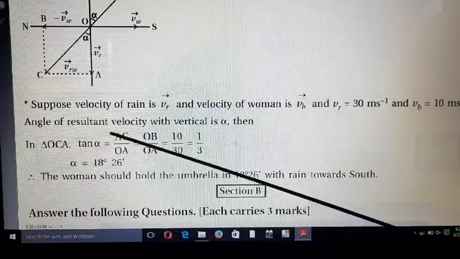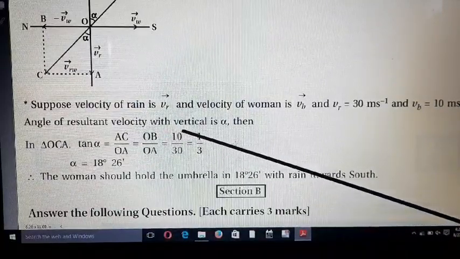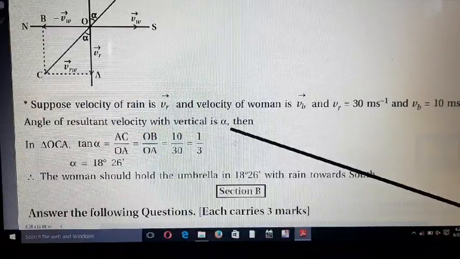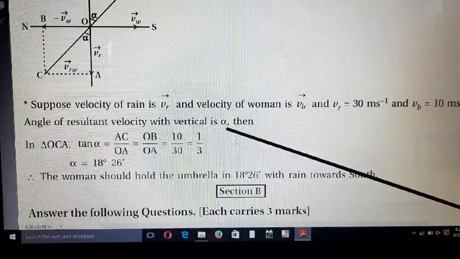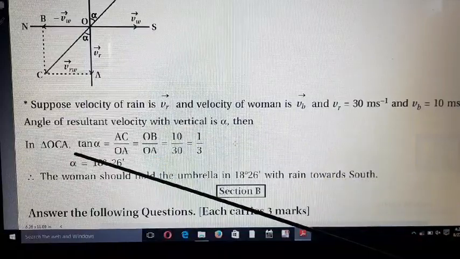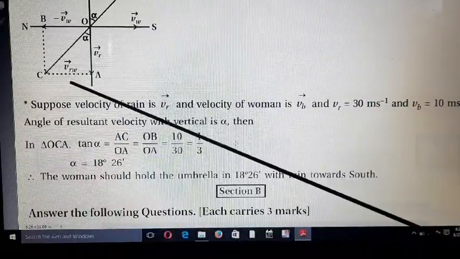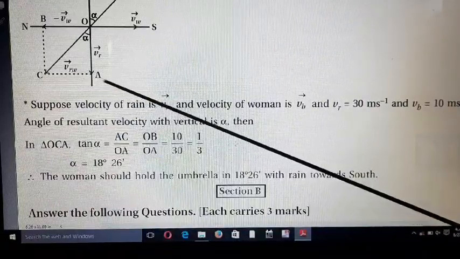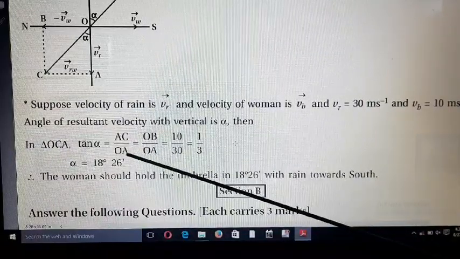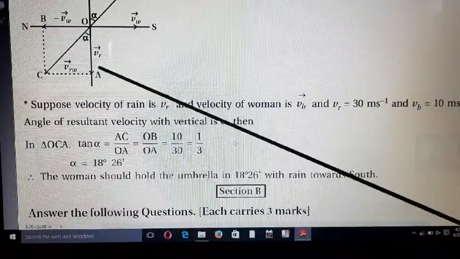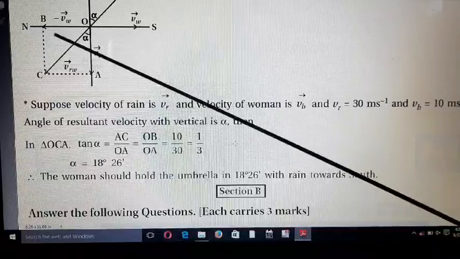Angle of resultant velocity with vertical is alpha. Friends, you learned in standard 10 mathematics, tan alpha. Here alpha, opposite side means AC upon OA. So AC is the same as OB.